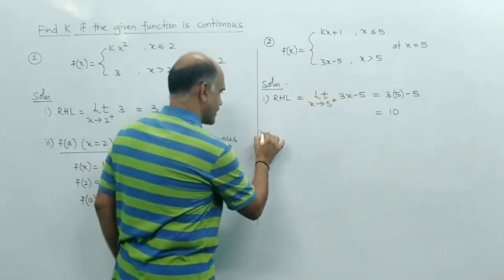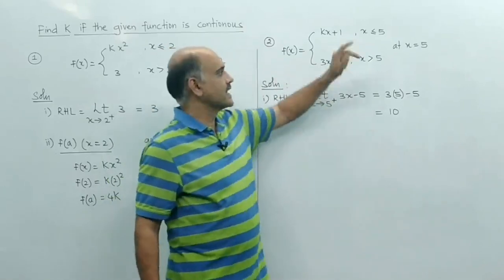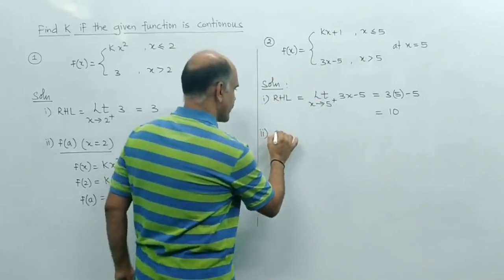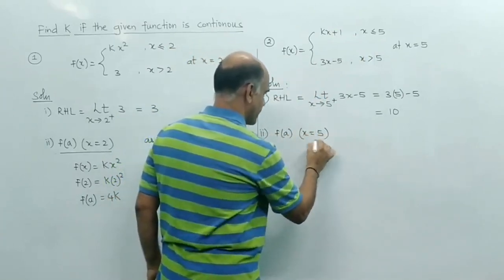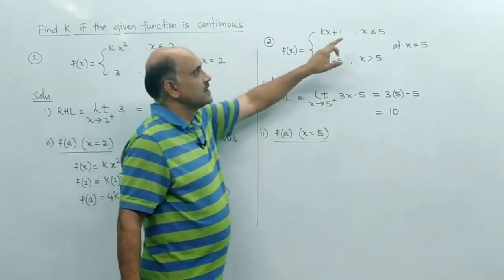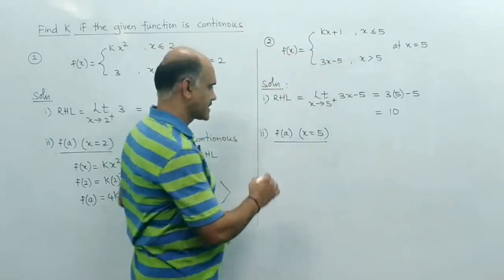Now second, either you take f of a or LHL from this. Again I will take f of a. So f of a means when x is equal to 5. When x is equal to 5, the function he has defined as kx plus 1.